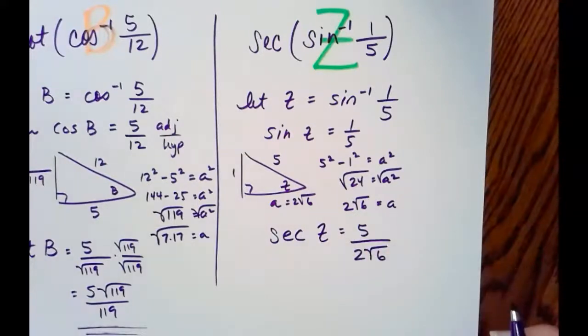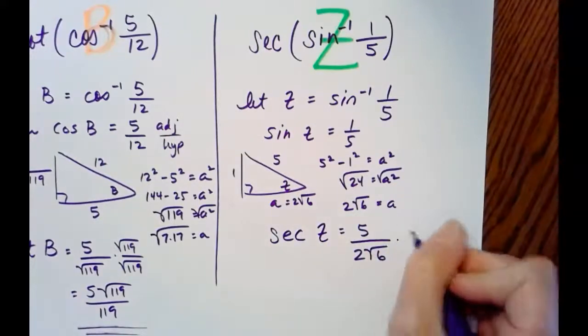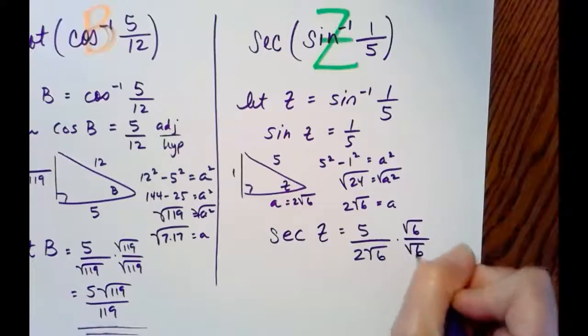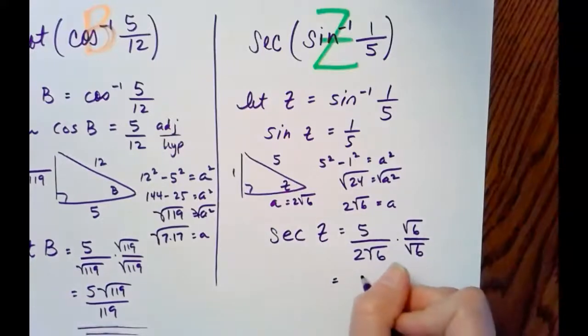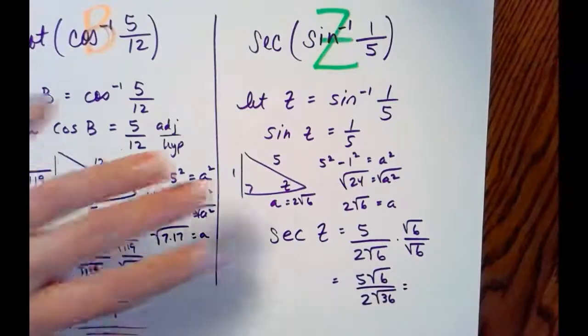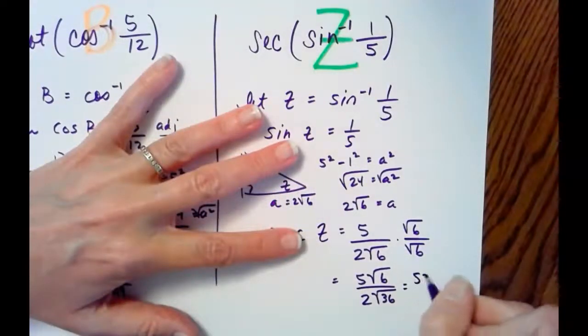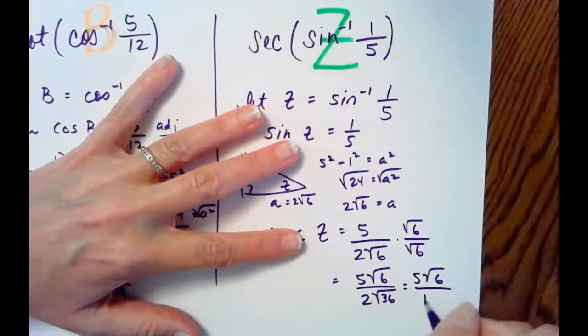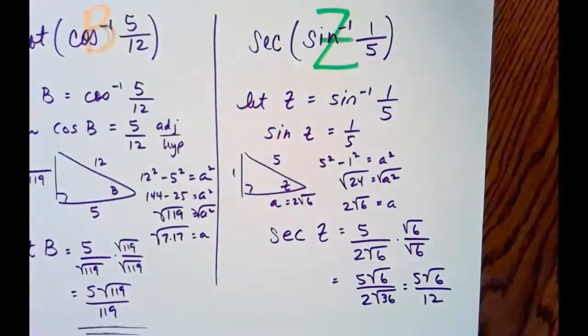And once again, we're going to rationalize our denominator by multiplying by root 6 over root 6, which gives us 5 root 6 over 2 root 36. Root 36 is 6, so 5 root 6 all over 12 is our most simplified answer. And that is our quiz review.